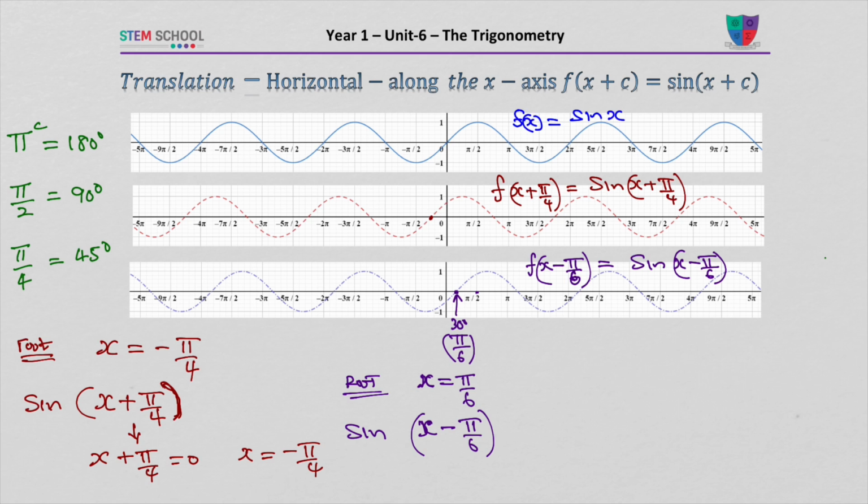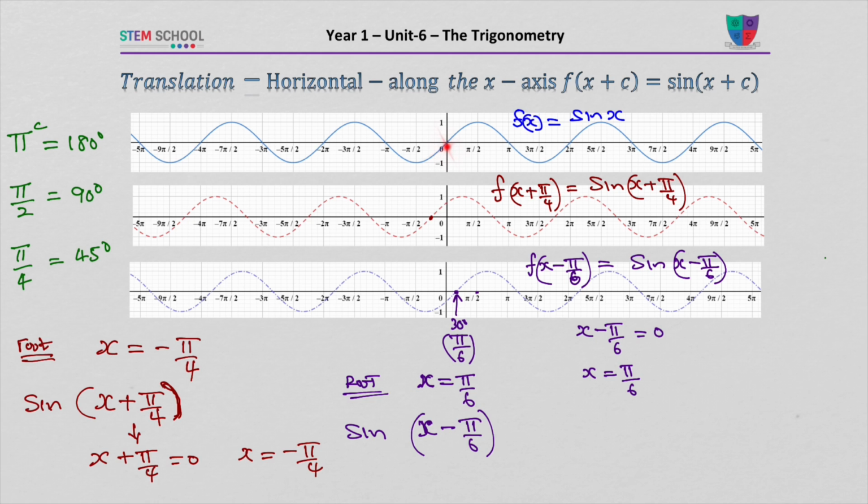Again, if you're given x minus pi over 6, all you need to do is say x minus pi over 6 equals 0. Therefore x equals pi over 6, because you add pi over 6 to both sides. Then you know it's crossing at pi over 6.